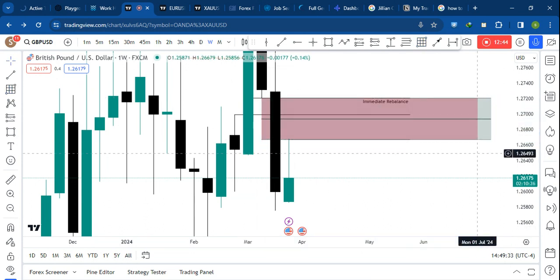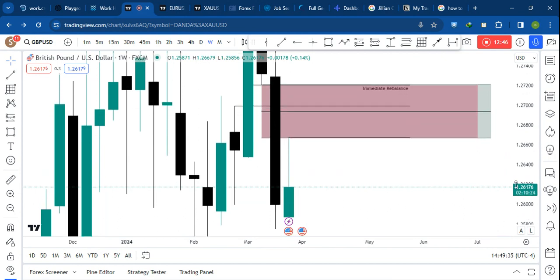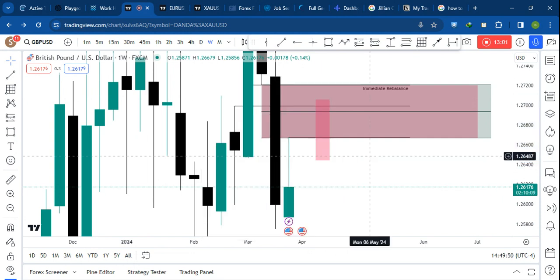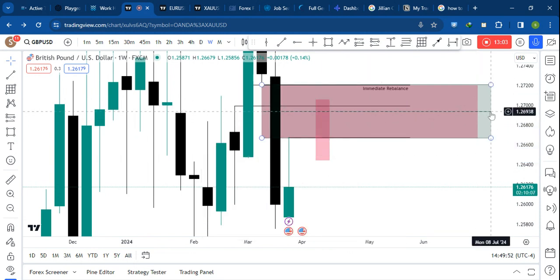The only thing that can validate this fair value gap is when we see a candle like this. When the candle comes on top, let's say that it is a weekly candle, then it closes with the body on the 50% of the fair value gap.